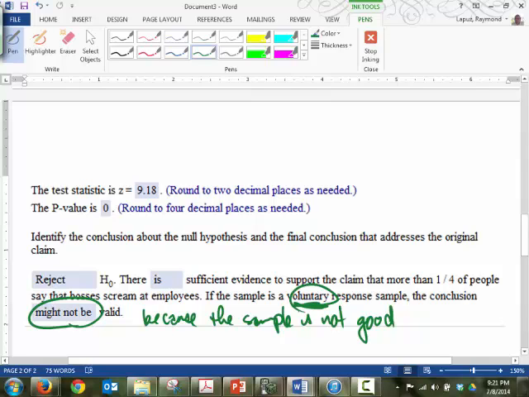Because it's a voluntary sample, the sample is not going to be simple and random. Yeah, it's a little tricky.